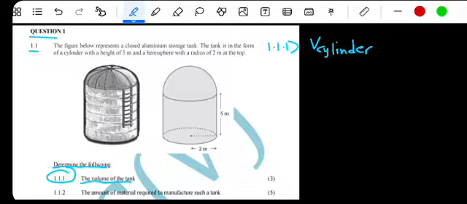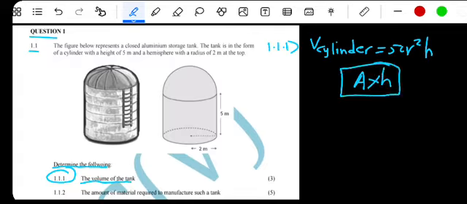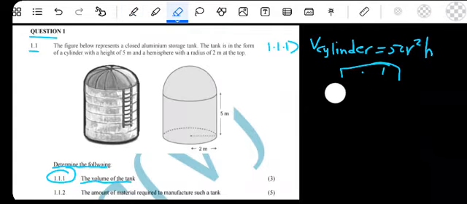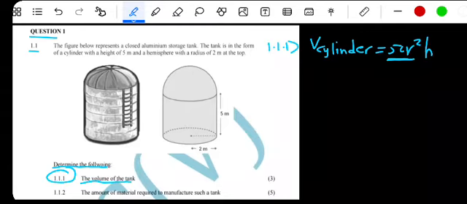We know that is given by pi multiplied by radius squared multiplied by height. In actual fact, volume is the area multiplied by height. This part is simply the area, and this is our height.